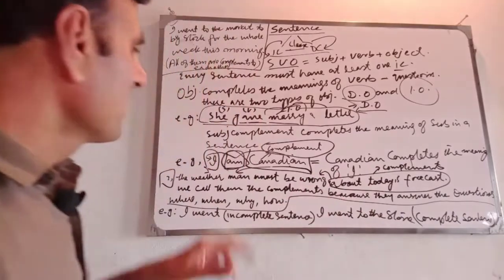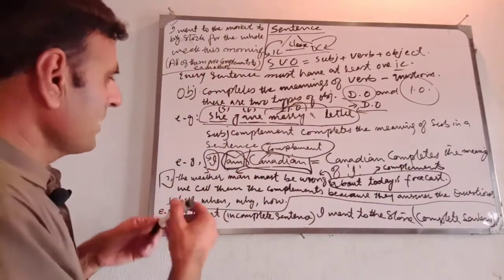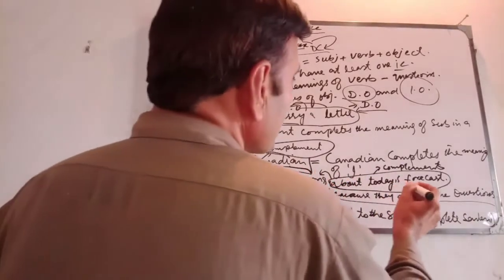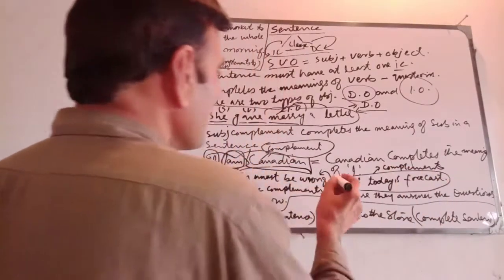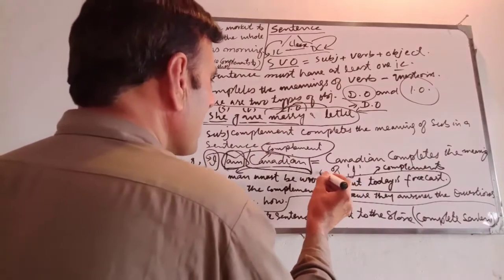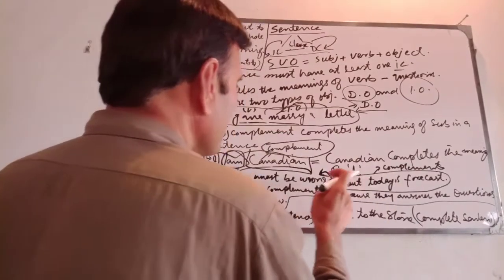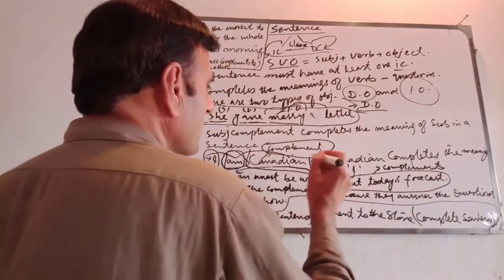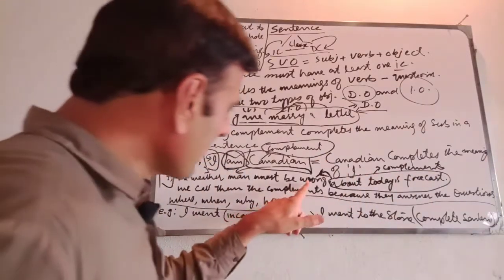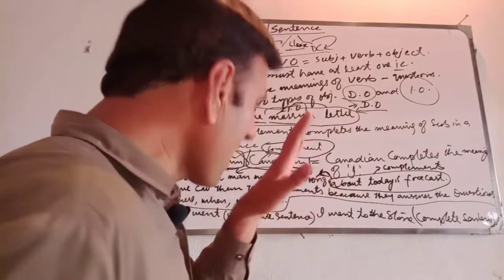Now see here, "about today's forecast" is the complement. The weatherman must be wrong. Wrong about what?